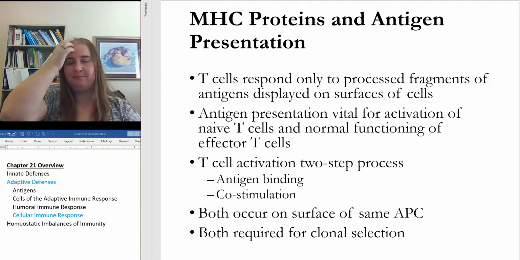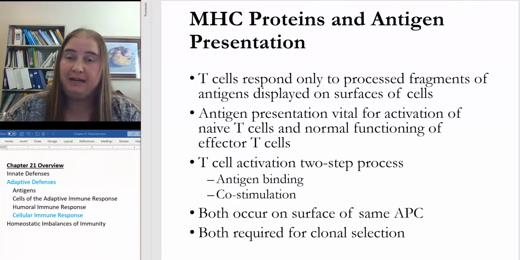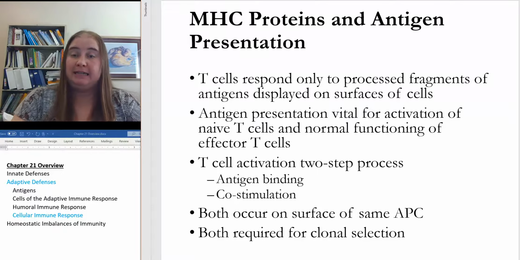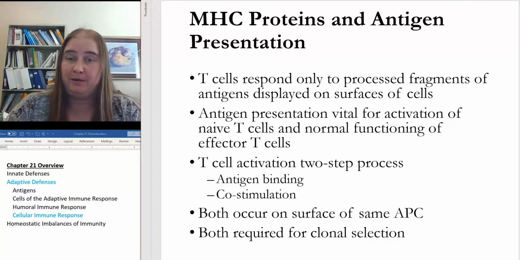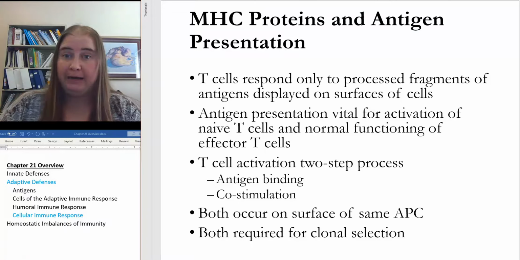So the key to cell-mediated activation is an antigen-presenting cell. A T cell cannot respond to an antigen by itself. It doesn't bind an antigen that's free-floating. It doesn't bind antigens that are just cruising around out there.